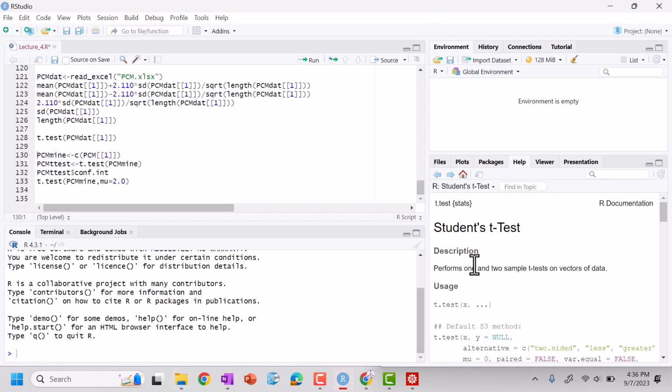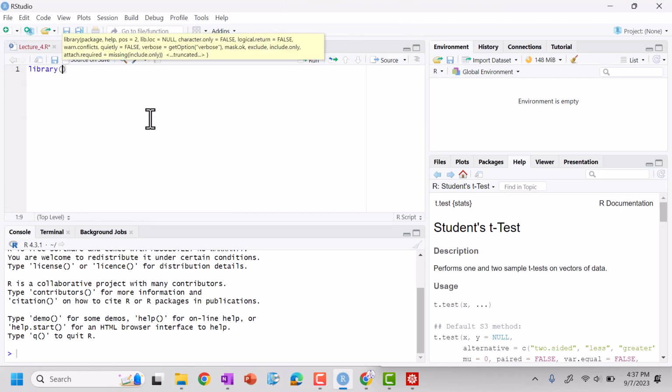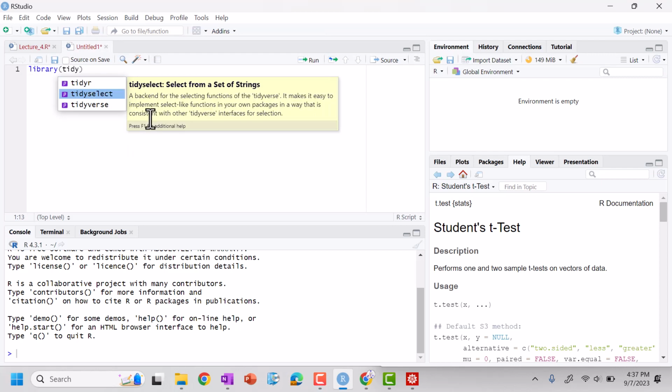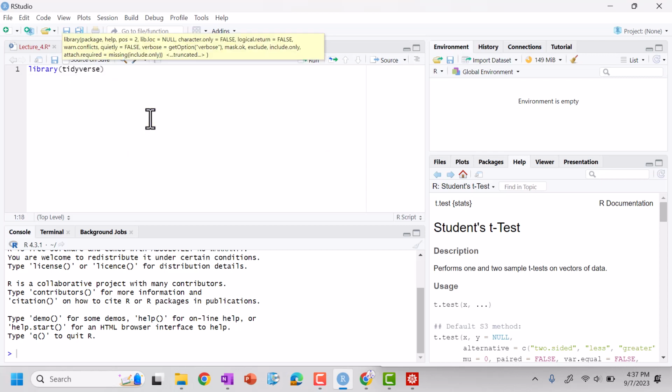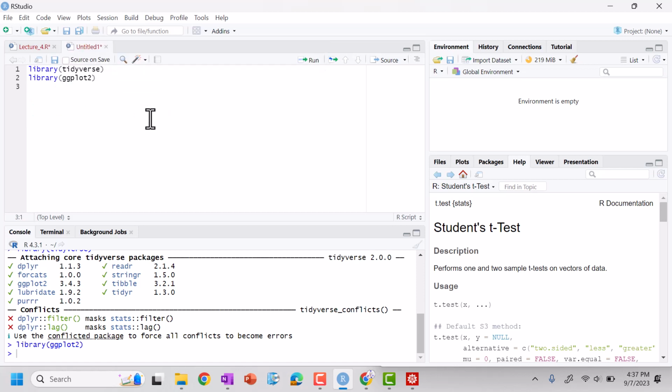I am going to open up R, and we are going to open up a new script. I'm going to use library tidyverse. And then I'm going to do library ggplot2, and let's see, library, I think we have just read Excel or maybe .csv files.